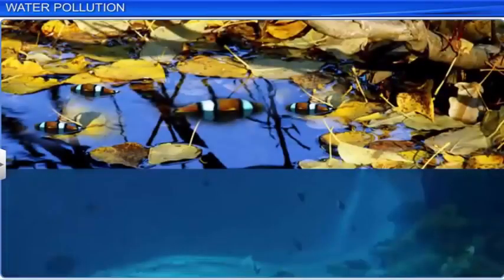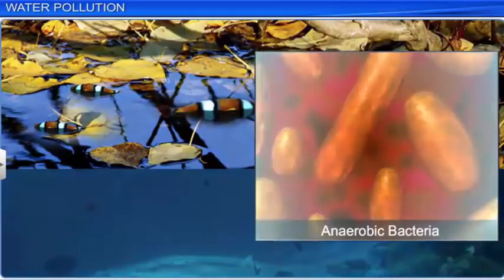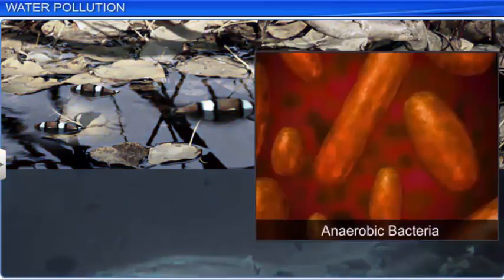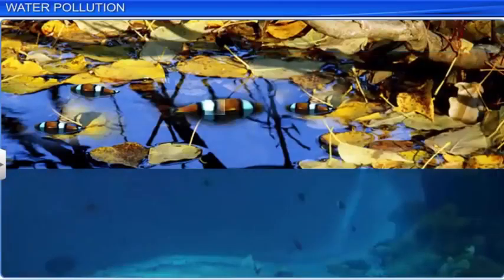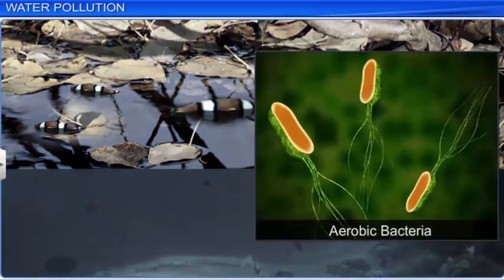The dead aquatic animals form organic waste. They are broken down by anaerobic bacteria, which break down these waste-producing harmful chemicals with a foul smell, and by aerobic bacteria, which lead to further depletion of oxygen from the water.